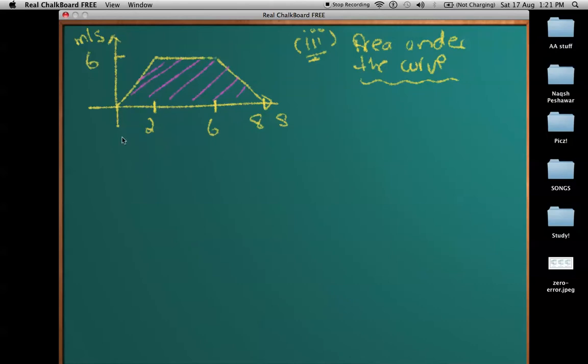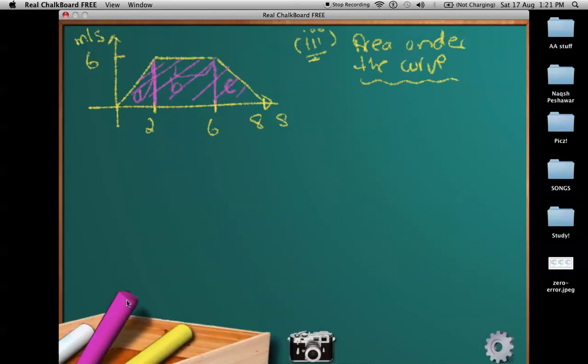Now there are two ways to find this area. Let's divide this into sections. Let's say this is section A, this is section B, and this is section C right here.